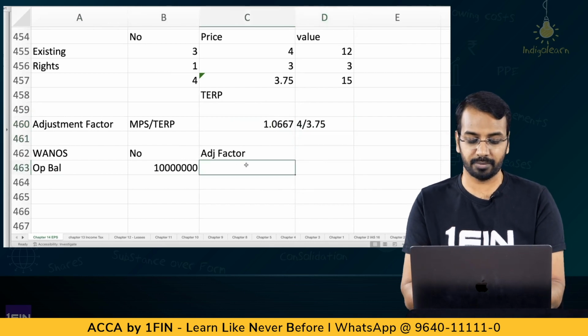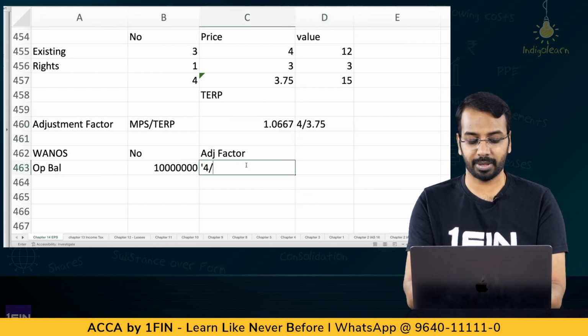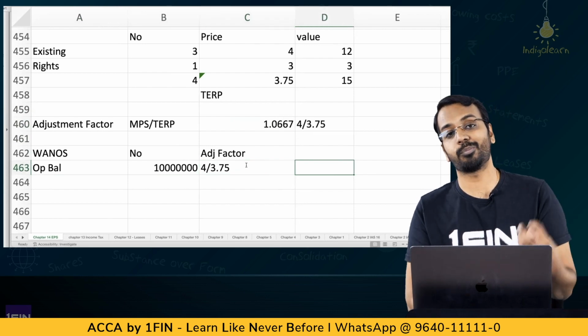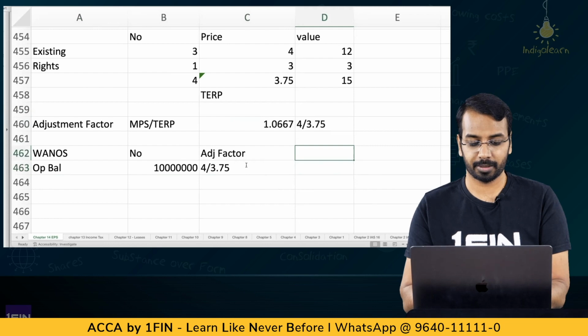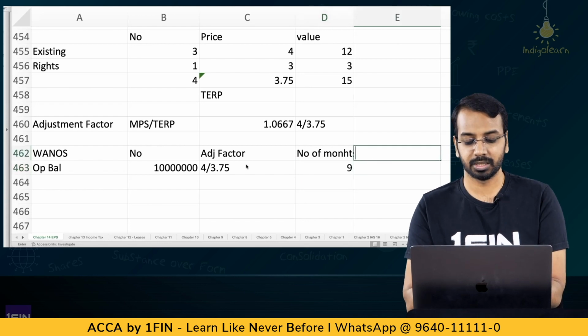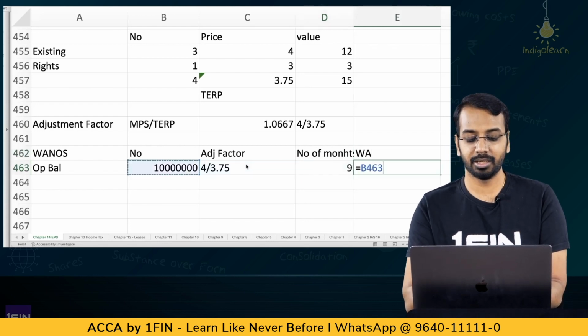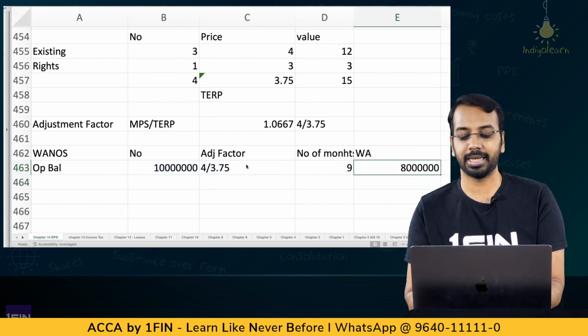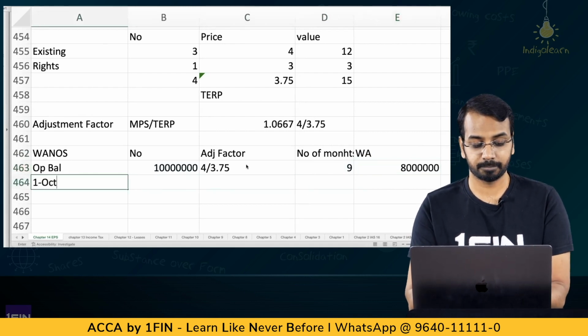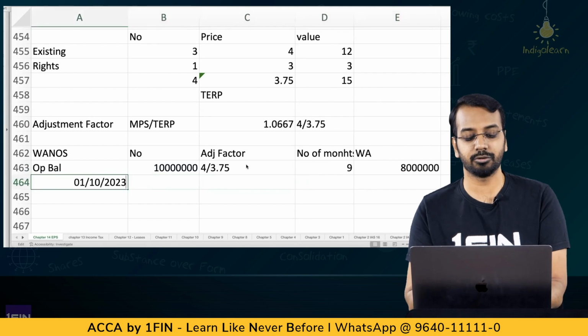Okay. So adjustment factor is 4 divided by 3.75. This basically tells us what is the bonus component in the rights issue. Number of months till September. So from January till September, 9 months. So weighted average is 10 million multiplied by 4 divided by 3.75 multiplied by 9 divided by 12. You get 8 million.